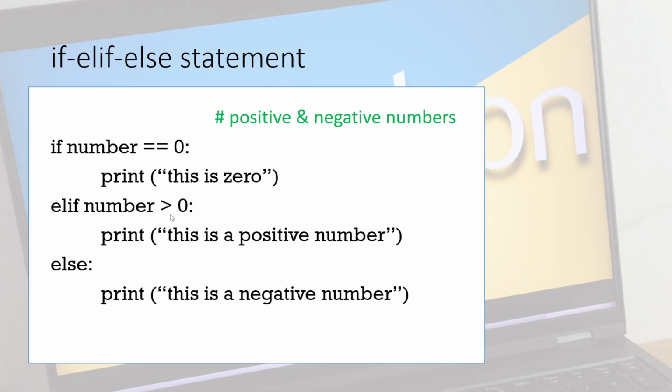And if this is not true, then it goes to the last thing, which is an else. So if a number is not 0 and it's not greater than 0, it must be a negative number. So that's the if else statement. Okay, we can only have one if, and we can only have one else. The if's at the beginning, else is at the end. Don't have to have the else, but if it's there, it's at the end.